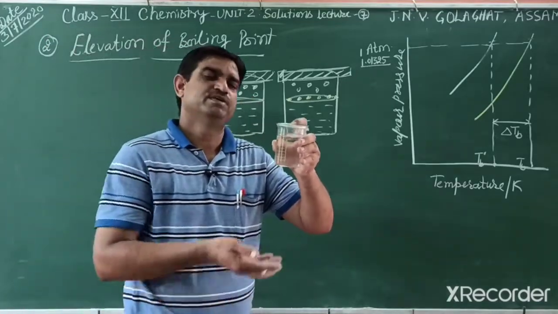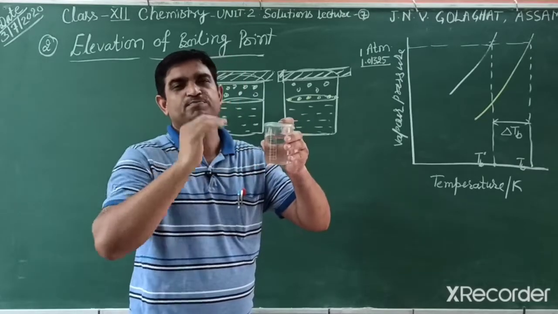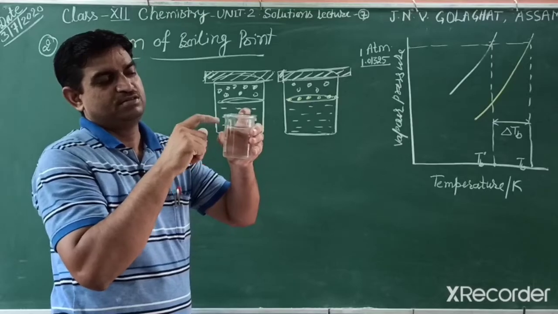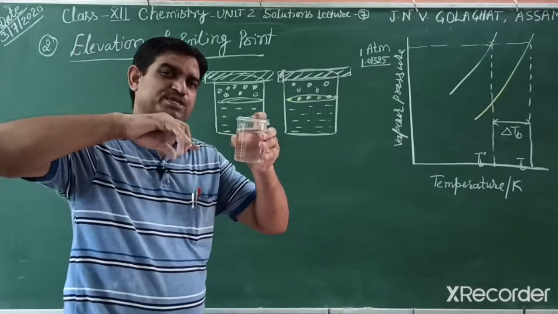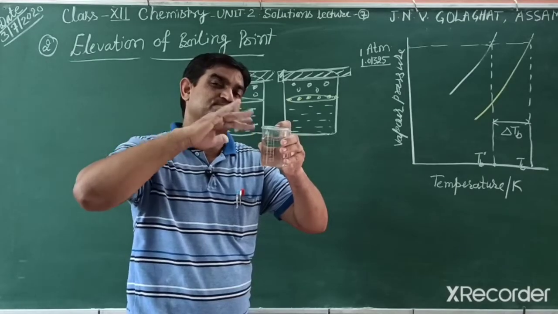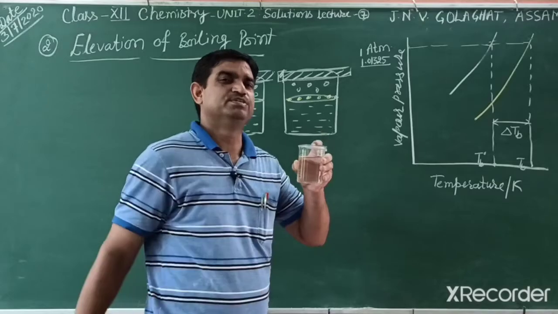What happens when we heat? When heat is supplied to the system, the vapor pressure increases. When this vapor pressure is equal to the outside atmospheric pressure, that temperature is known as the boiling point of that liquid.